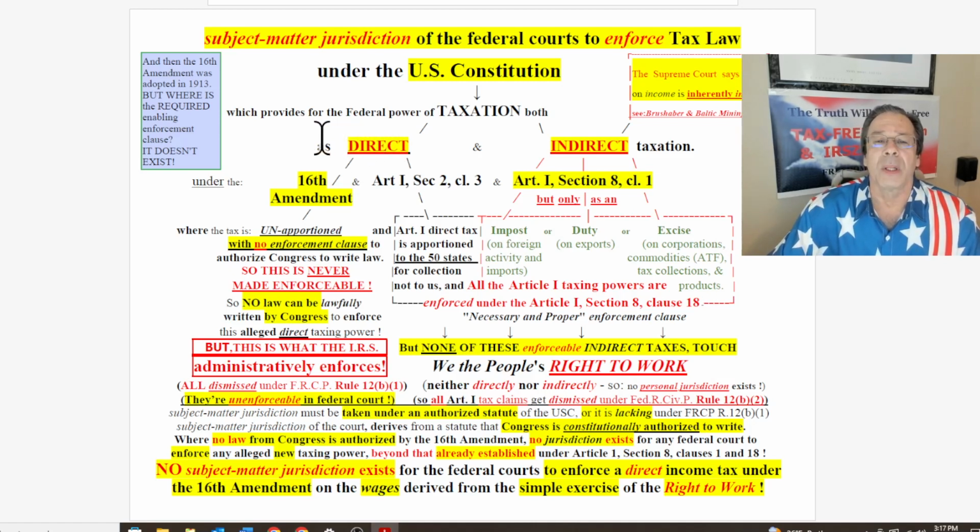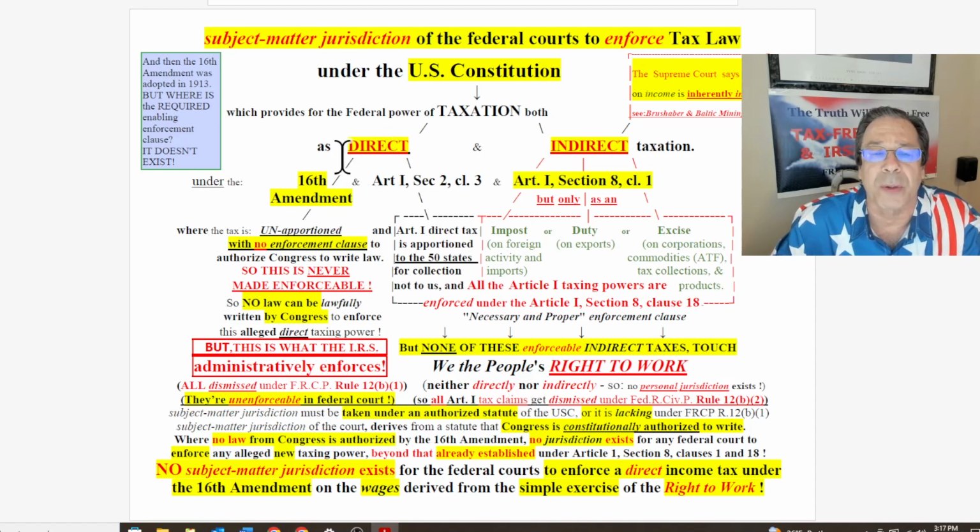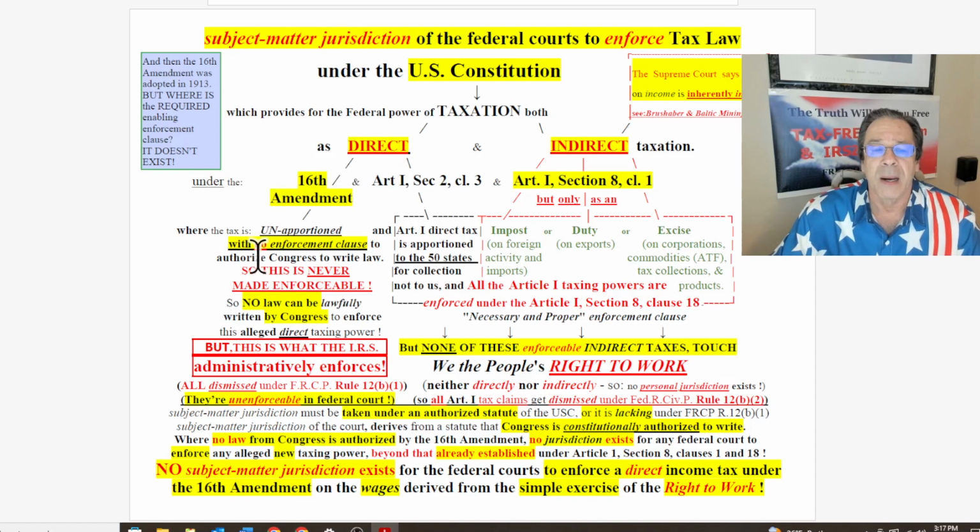Now they are also allegedly authorized to enforce the direct tax under the 16th Amendment, where the tax is unapportioned without limitation and with no enforcement clause to authorize Congress to write any law to enforce this power of direct taxation under this alleged source of authority. So this is never made enforceable at law by a constitutionally authorized Congress. So no law can legitimately or lawfully be written by Congress to enforce this power against the American people.